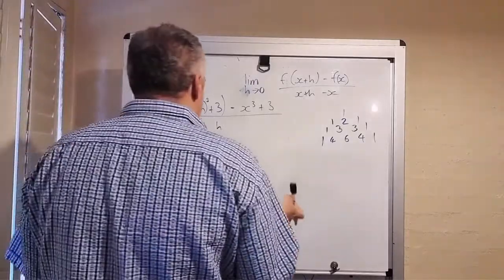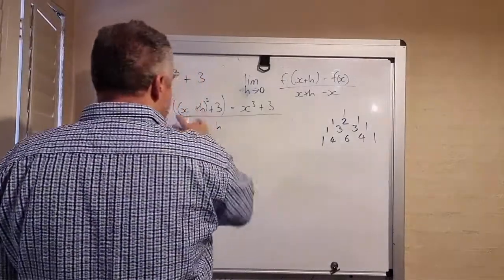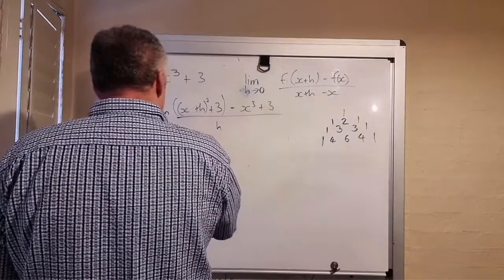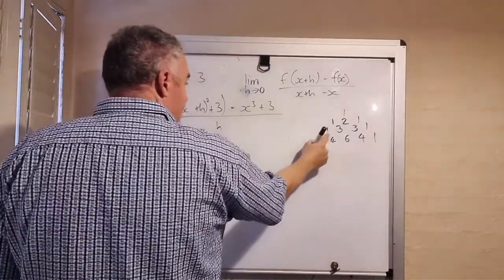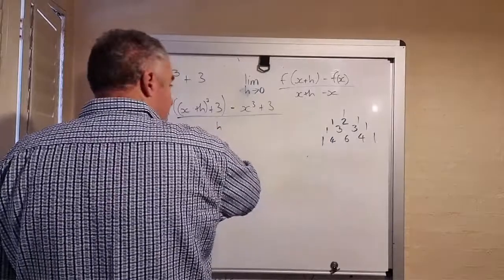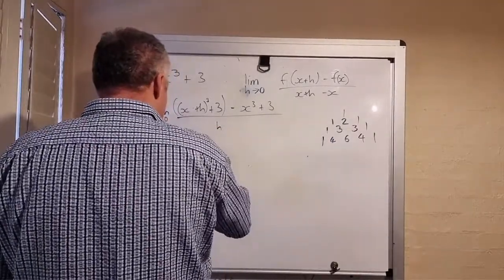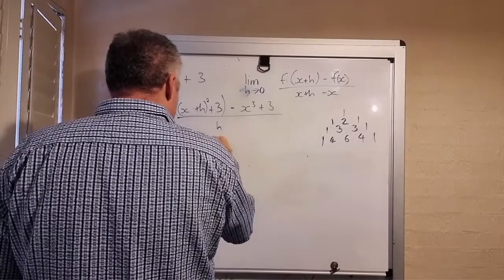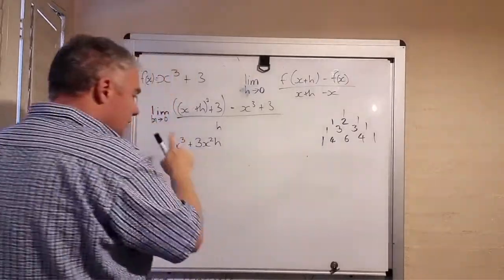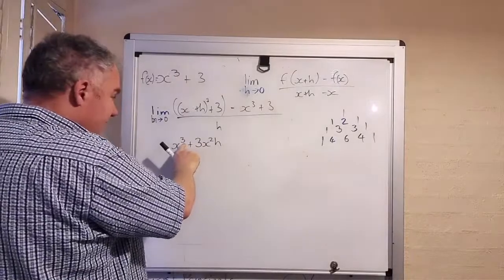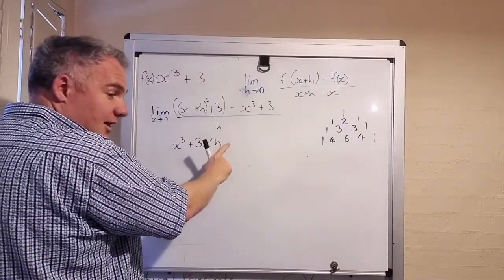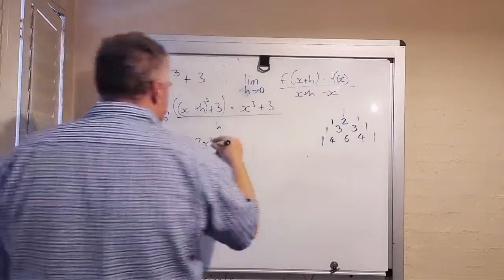Okay, but this expansion of x plus h is going to go x cubed, because we've got our first coefficient of 1, plus 3x squared h. Remember, take 1 from the x's index, add 1 to go from h to the 0 to h to the 1 for its index.